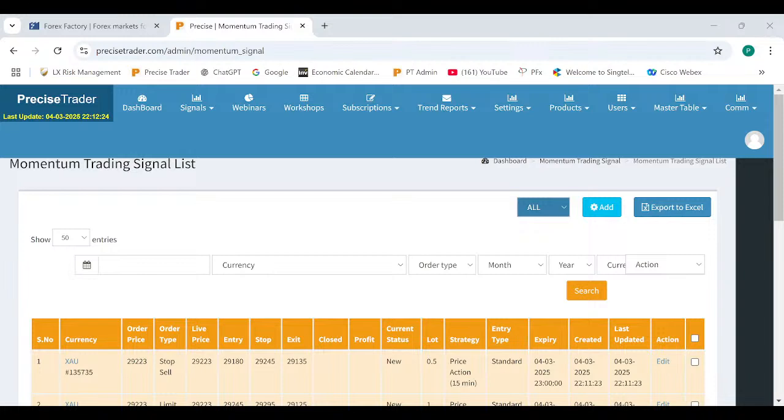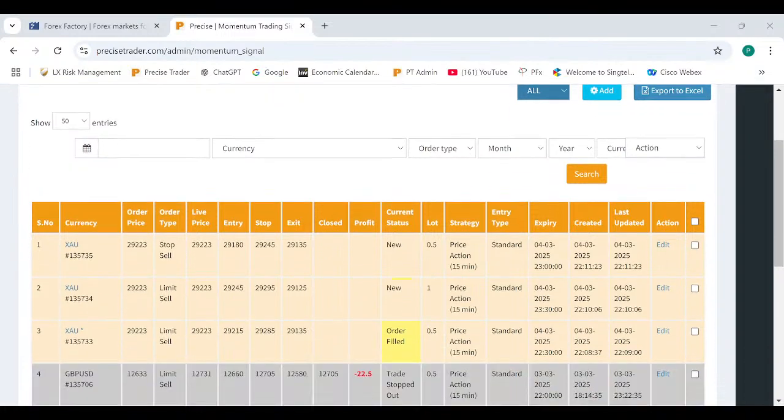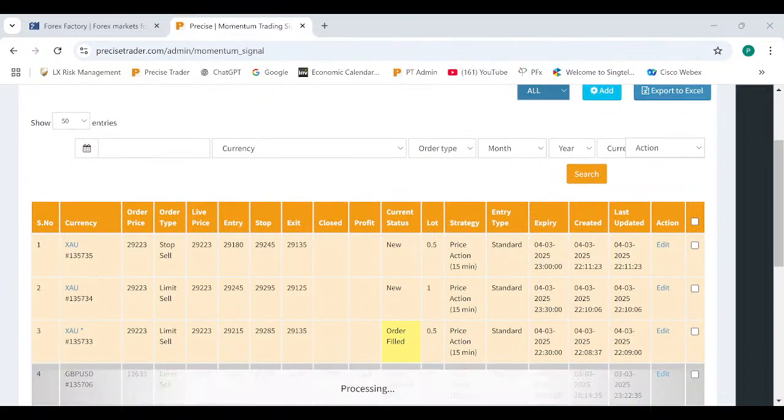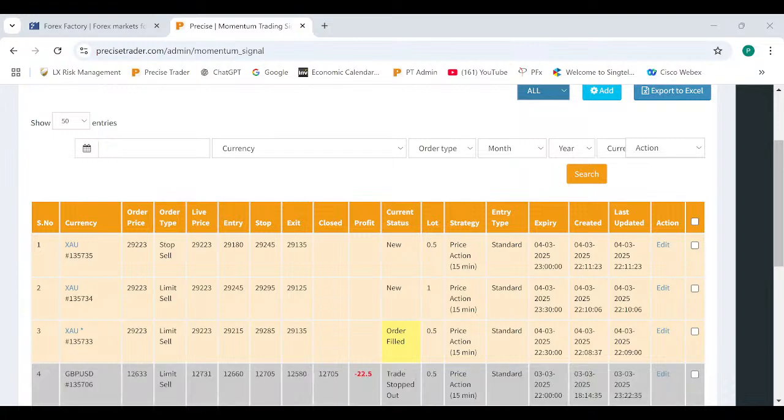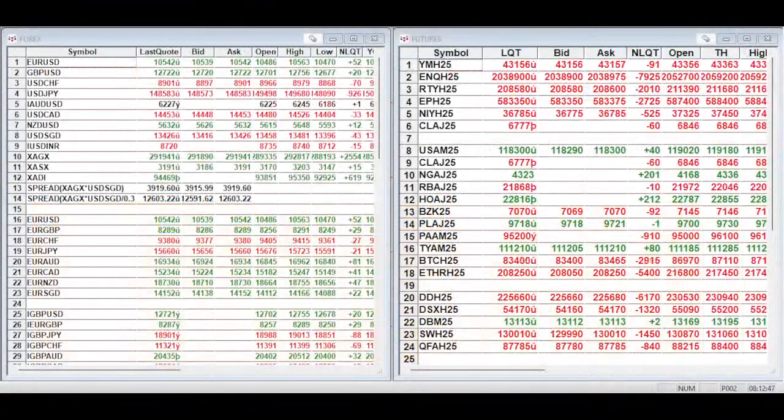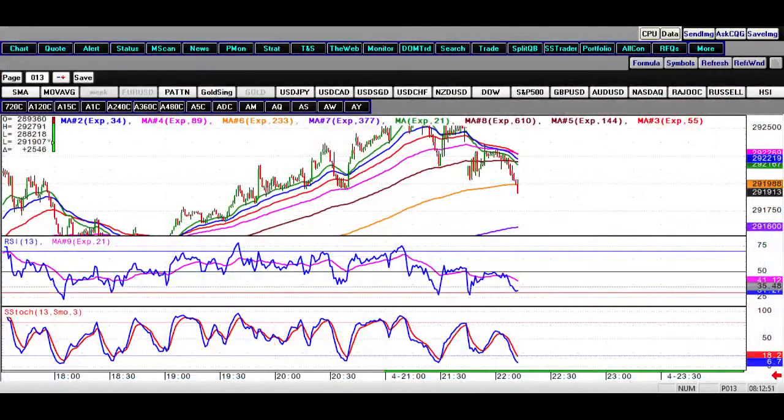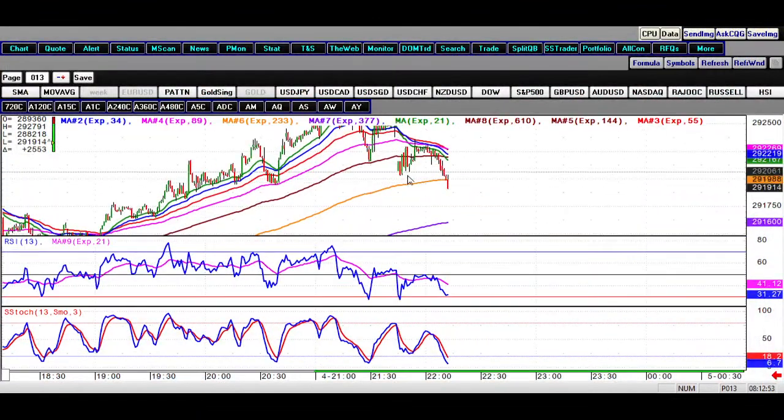Okay, let's move on to Nasdaq. Now this is done, and let's move on to Nasdaq, because there is going to be a big move happening, and let's not waste today.